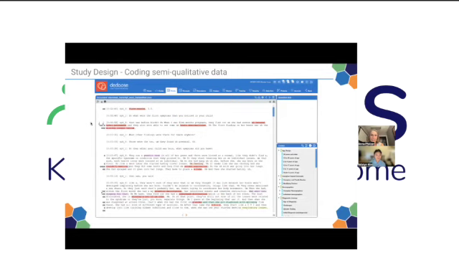Okay, so I am less familiar with this, but our team has been using it a lot, and so Adalyn, I expect you're going to become best friends with this program called Deduce. I wanted to give people an example of what this coding looks like, because I am not very familiar with this type of semi-qualitative data analysis.